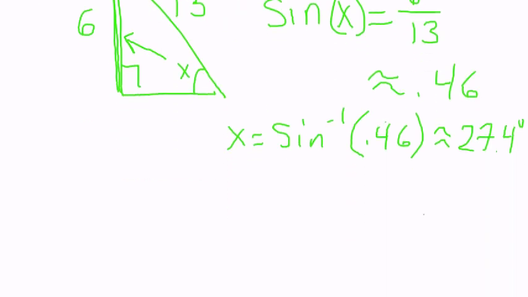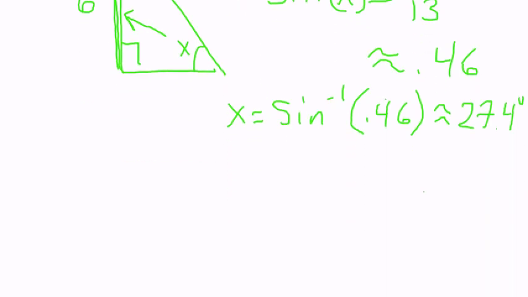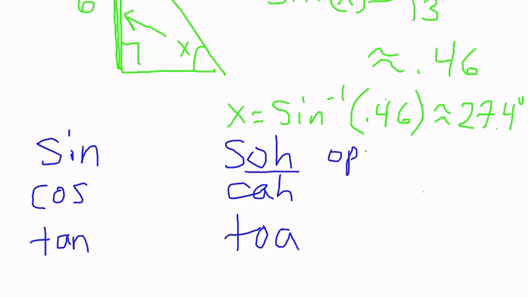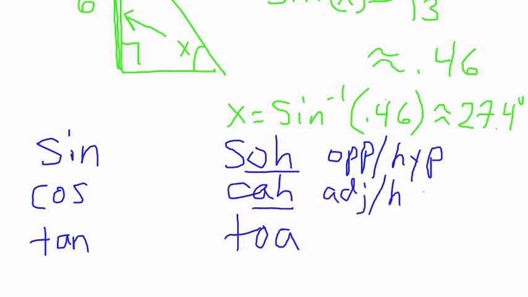So let's talk about some good ways to remember the different functions, ratios, sorry. We've got sine, cosine, and tangent. Some people think of it as SOHCAHTOA, because sine is opposite over hypotenuse, cosine is adjacent over hypotenuse, and tangent is opposite over adjacent.